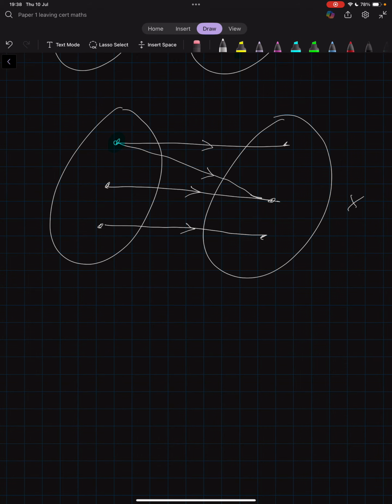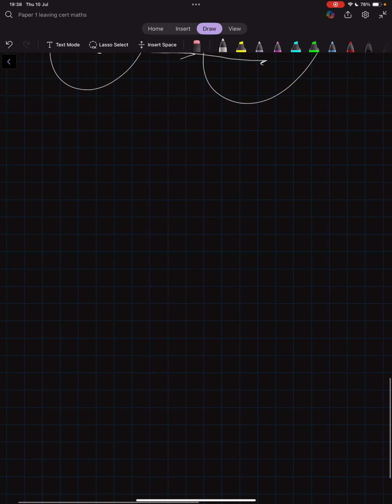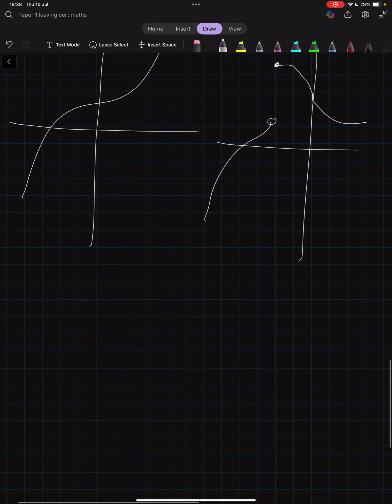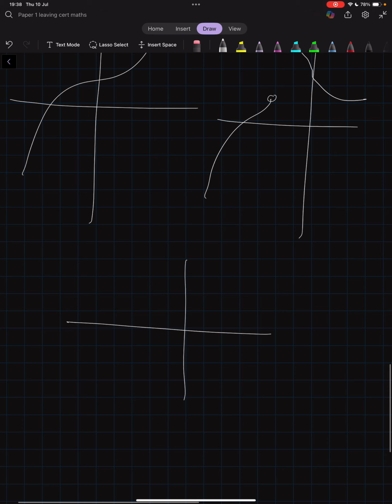Another thing they can ask you is, which of these are functions? So this is the first one. This is the second one. And then this is the third one.